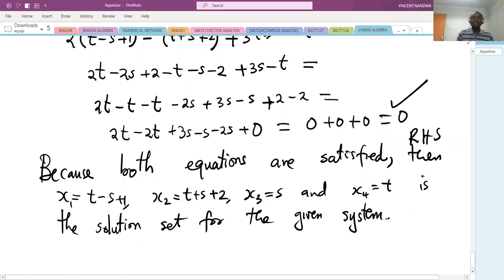So that is how we simply prove that a given set is a solution to a given system.